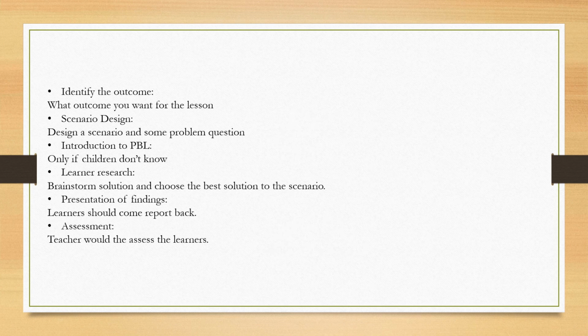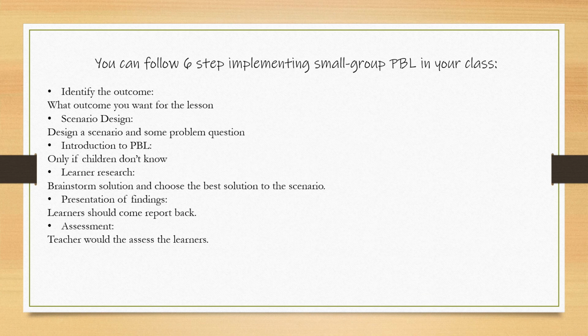You can also follow a 6-step process for implementing small group problem-based learning in your class. First, identify the outcome, what the outcome is that you want for your lesson. Second, scenario design. Design a scenario and some problem questions.